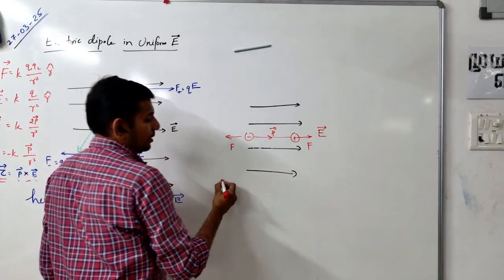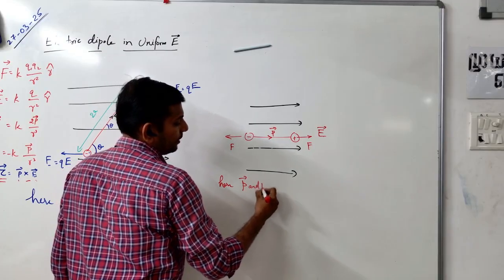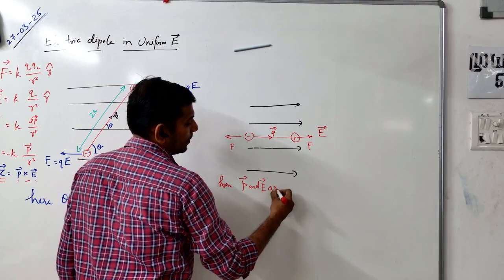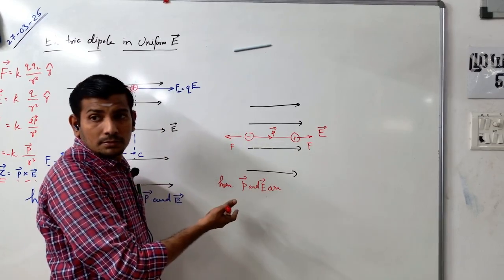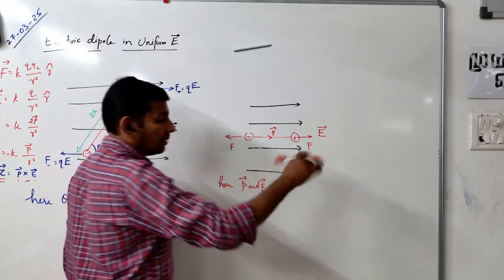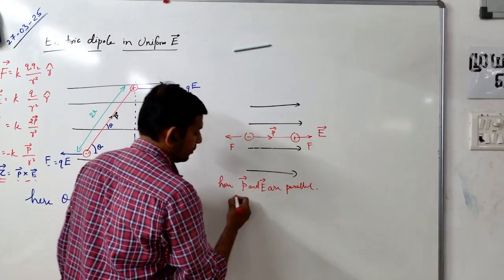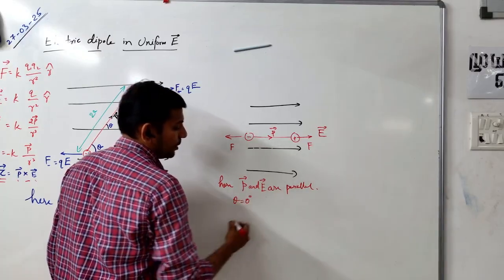Now you can see what is the angular difference between E vector and P vector? E vector and P vector are in the same direction, that is parallel. Therefore theta should be equal to 0 degrees.